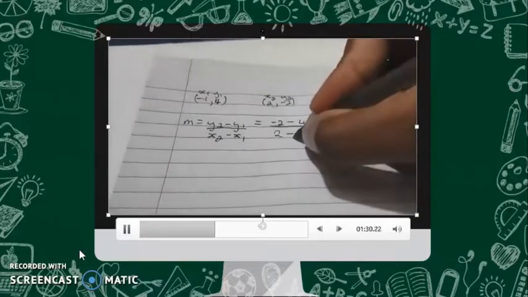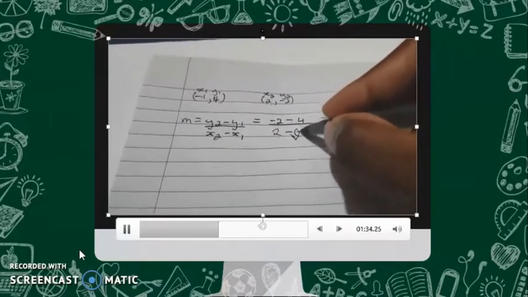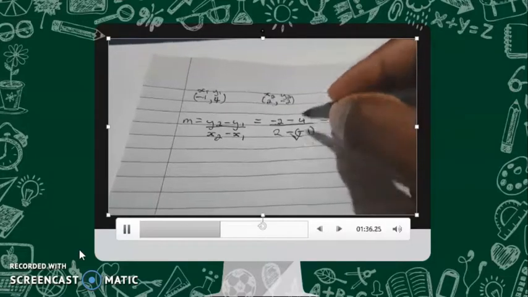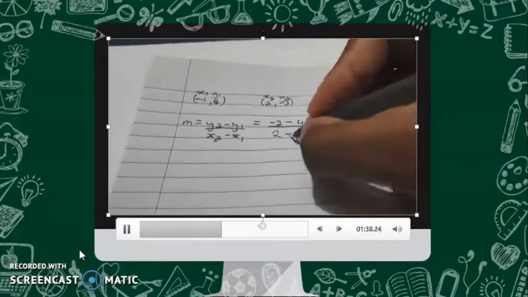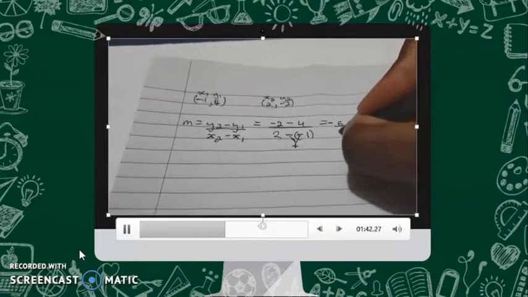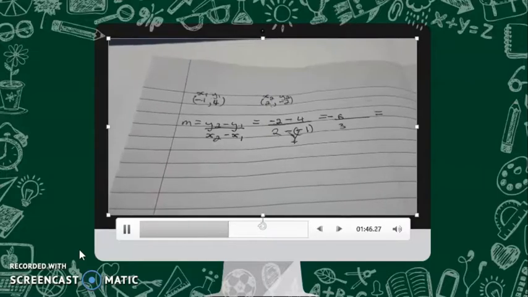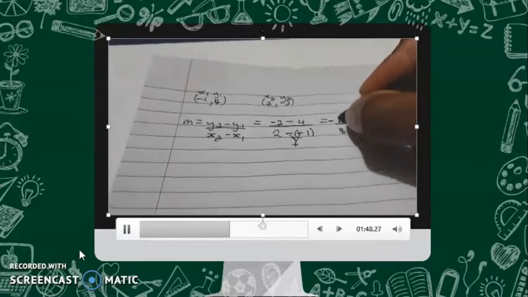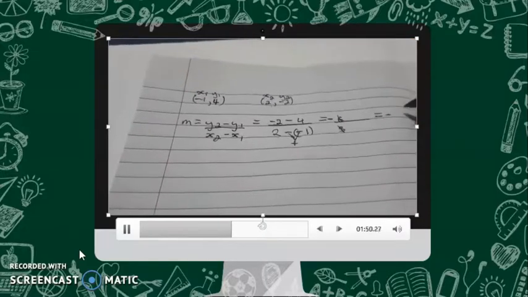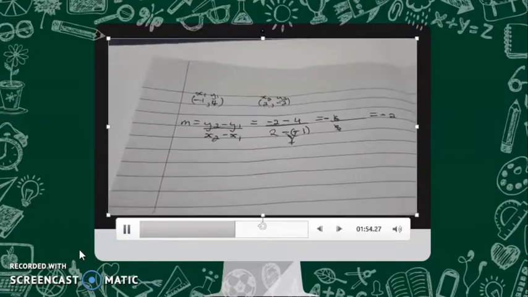So remembering the rules in integers, when you have 2 negative or subtract certain sign beside each other, it turns to a positive or a plus sign. So you get 3. Then you simplify by dividing by 2, giving you the answer -2.